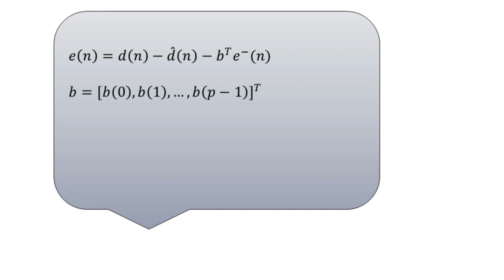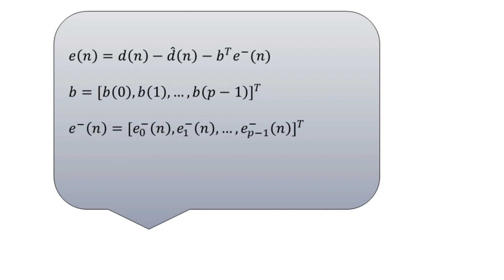Whereas for the backward prediction error we have the notation e of n, with a negative sign over the head of e. It is a transpose of the elements collected in a matrix form. Here it is e suffix 0 of n negative, e suffix 1 of n negative, e suffix 2 of n negative and so on up to e suffix p minus 1 of n negative.